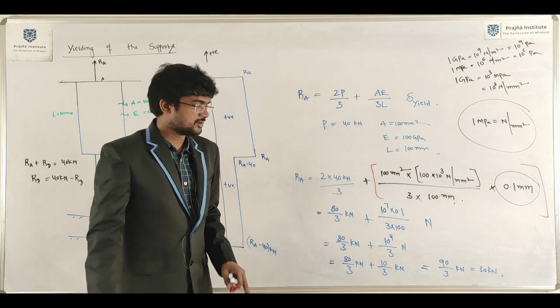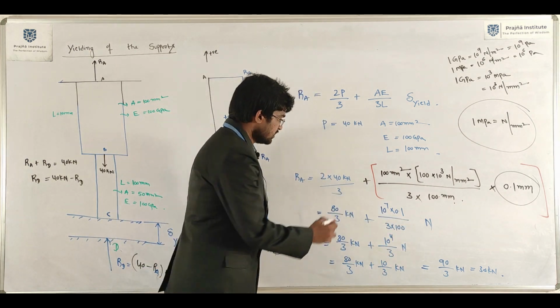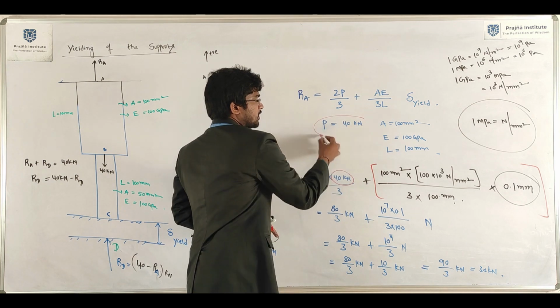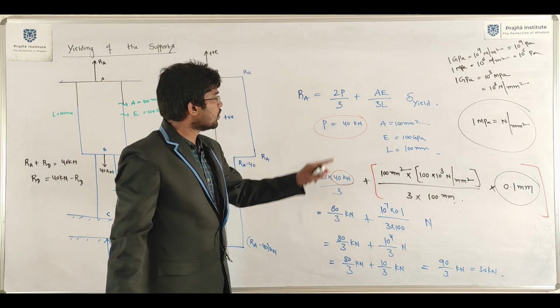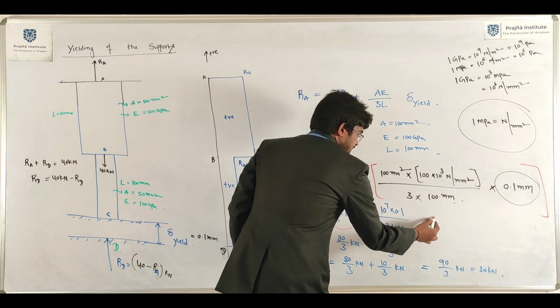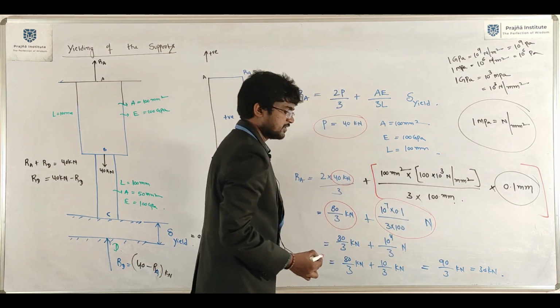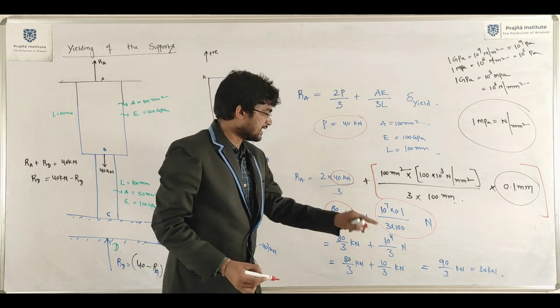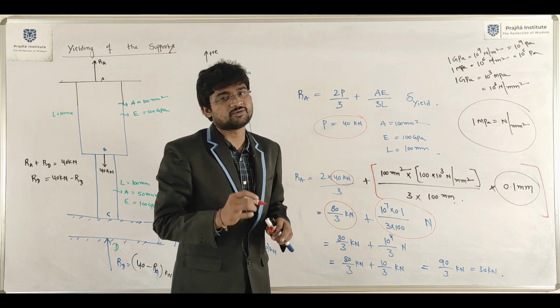That is Newton. So just write Newton. Here 40 kilonewton, that is given. P is equal to 40 kilonewton. You substituted only one unit; 40 is in kilonewtons, the rest is in terms of Newton. Convert Newton into kilonewton. It is very important. I am not wasting your time.